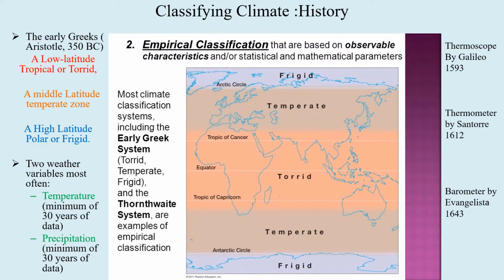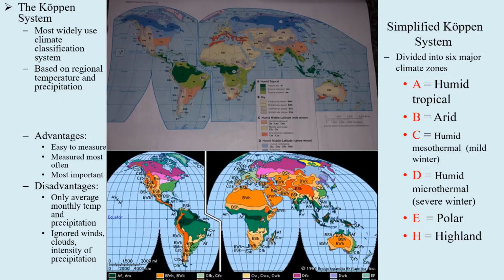There are 5 to 6 questions that I put from climate classification. Make sure that you know that the early Greek classification divided the climate into 3 parts: the torrid, temperate, and frigid regions. Then the most important climate classification that came is the Köppen climate classification.